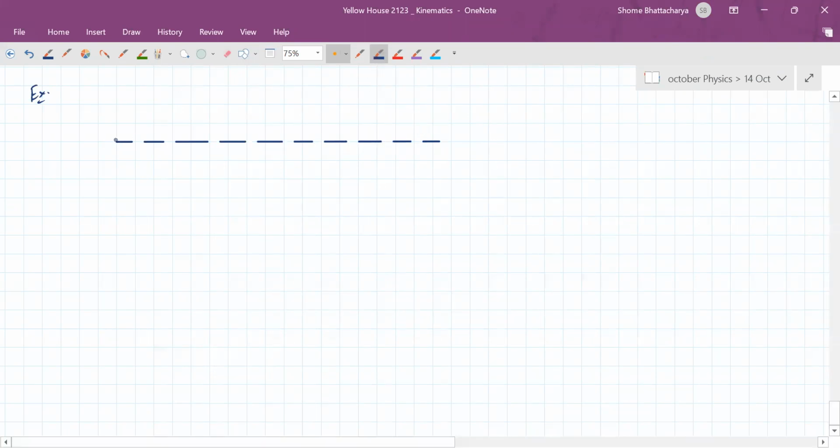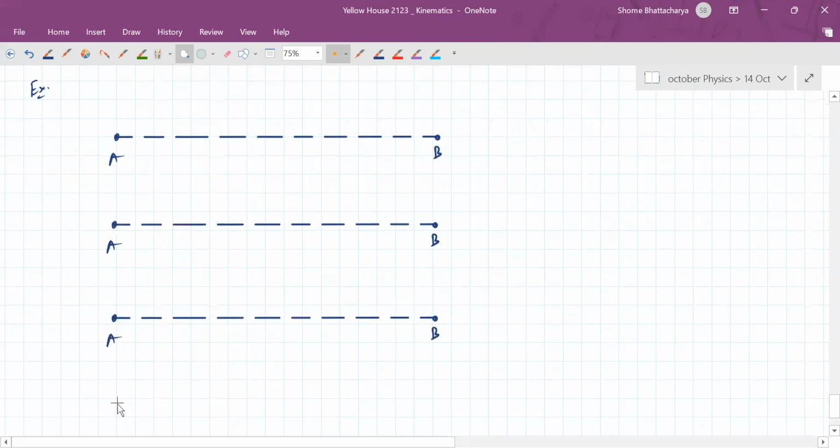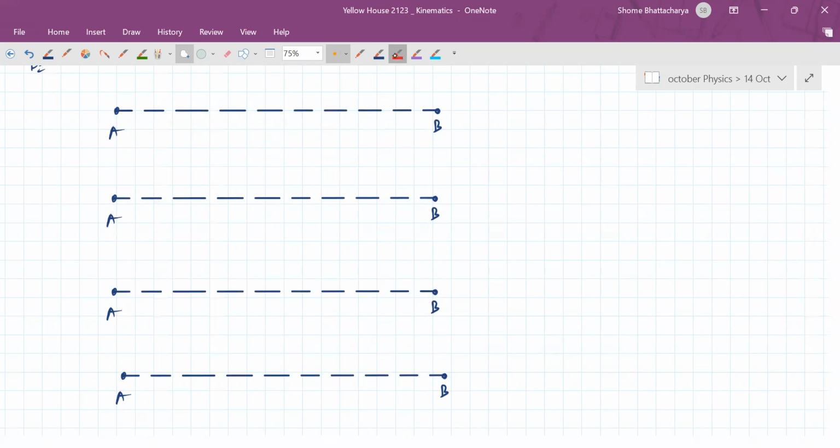That situation is very easy. So for example, here, if A is moving like this and B is moving like this, it's very obvious that they are approaching each other.